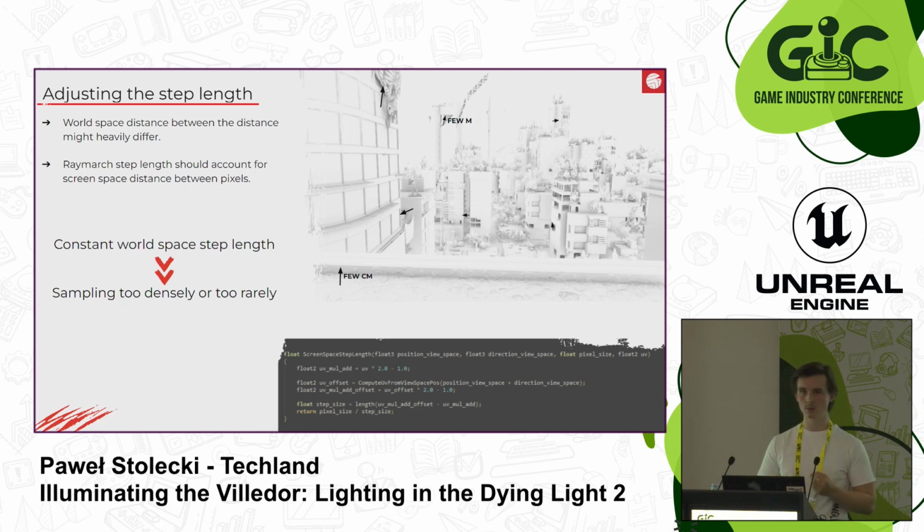We cannot use a constant ray step length to validate the hits and traverse through the screen. When a small step length is used, we will accurately hit pixels close to the surface, but we will completely miss the long-range occlusion on the horizon, which is desired.